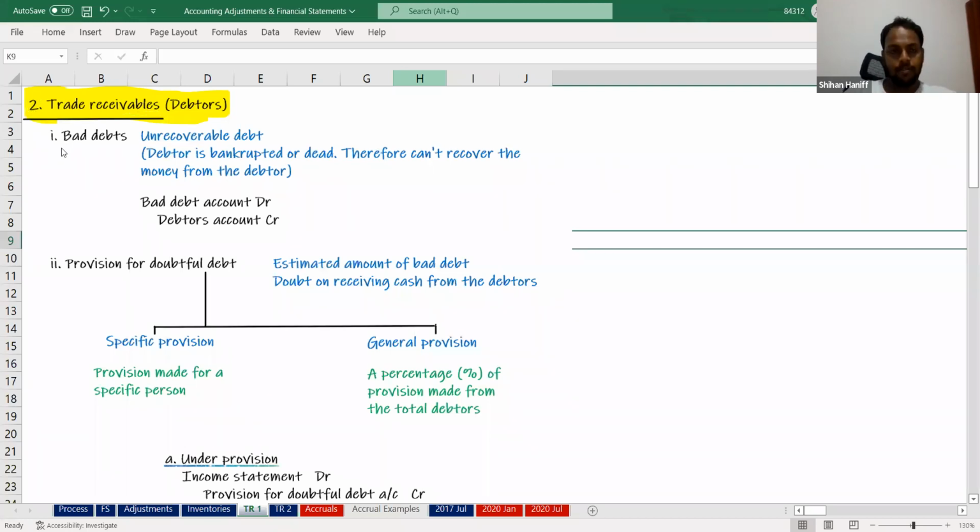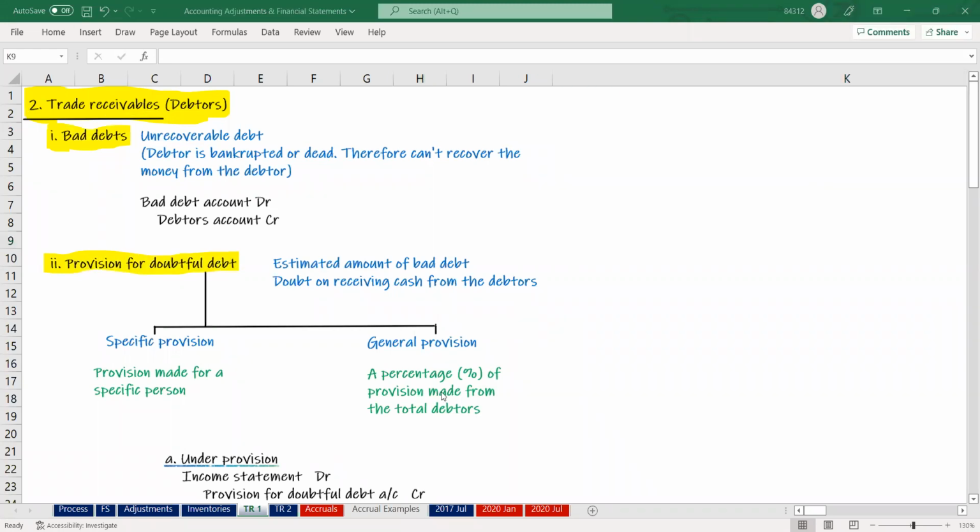Under this, there are two subtopics. One is bad debt. The other one is provision for doubtful debt. Bad debt and provision for doubtful debts.